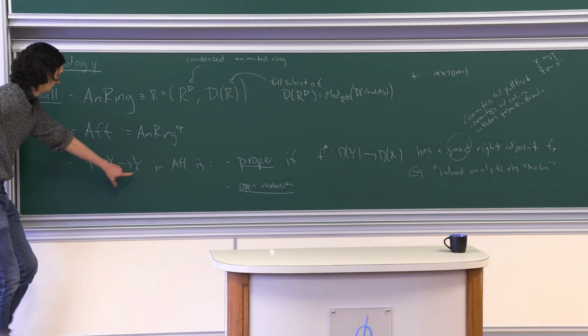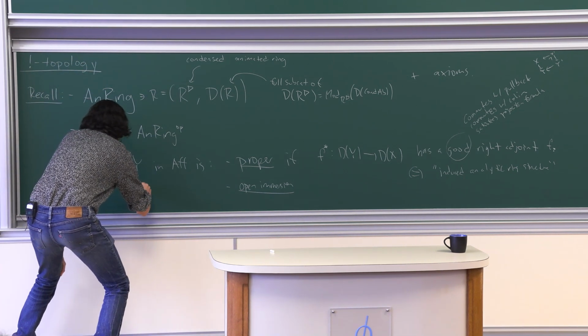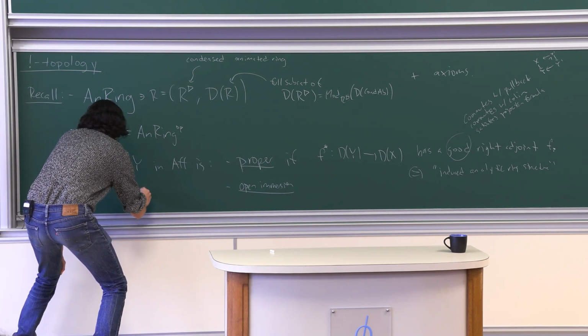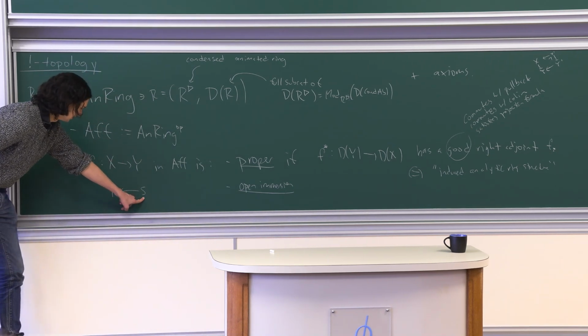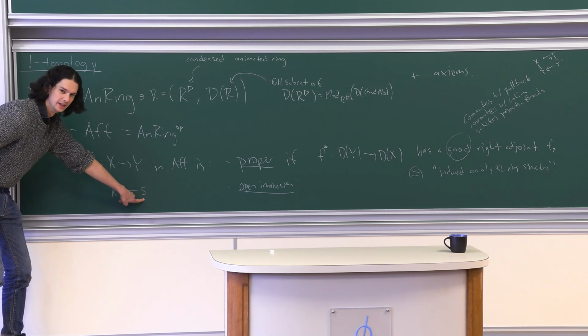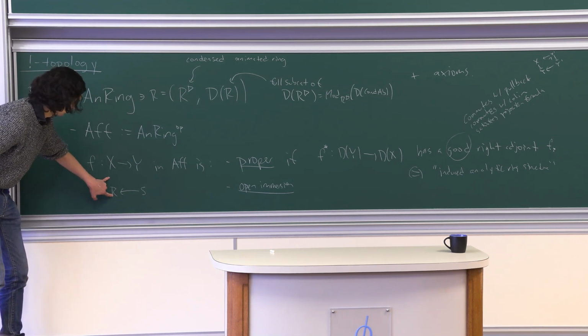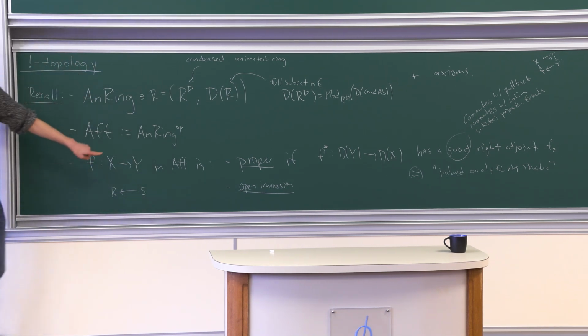So this is implicitly given by a map of analytic rings from, let's say, S to R. So you're given an analytic ring structure here, and you want the analytic ring structure on here to be just inherited from this one, in the sense that D of R is just the same thing as R triangle modules in D of S. So D of R is also a subset of D of R triangle.